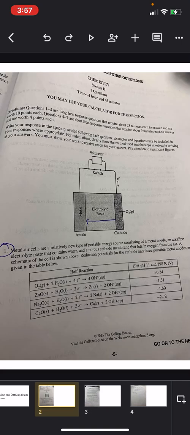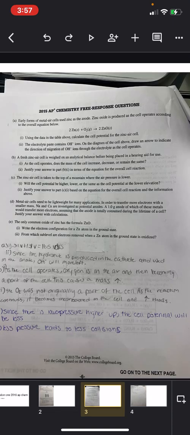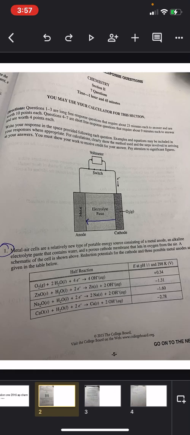So if you look at the table, the oxygen is in the forward reaction right now, so you would take that cell potential, which would be 0.34 volts, and you look at zinc's, and you'd have to reverse that because zinc is alone here as a reactant, and here it is a product.